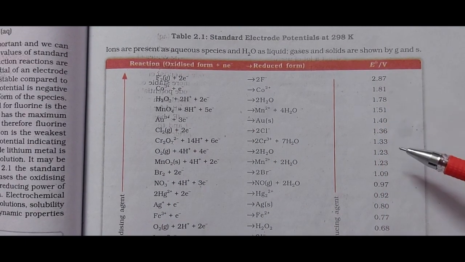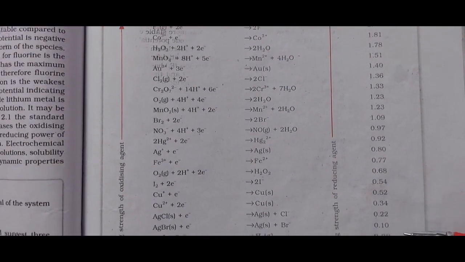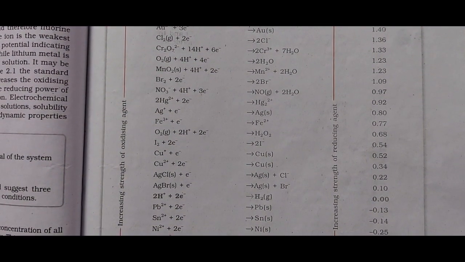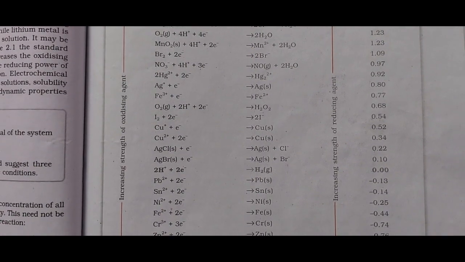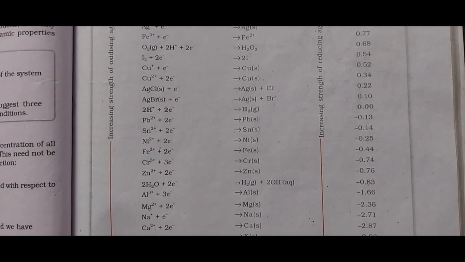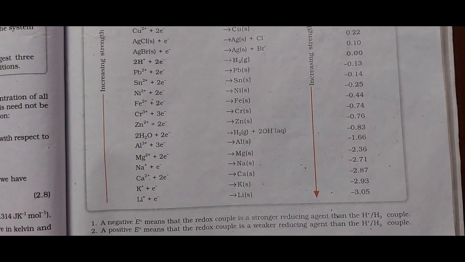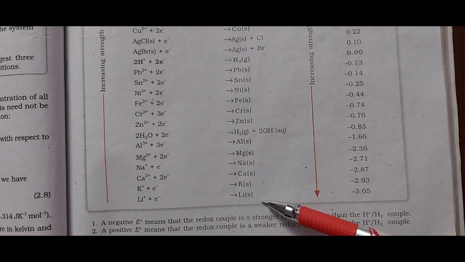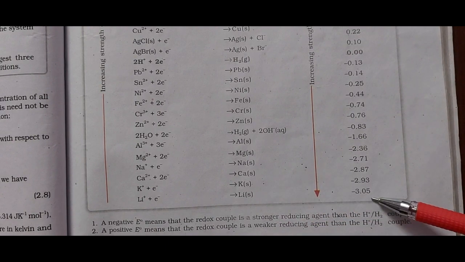As we move down here, the tendency to undergo reduction decreases. That means its oxidizing power is decreasing, but its reducing power is increasing. And at the last, lithium ion undergoes reduction to form lithium and it has a negative potential.